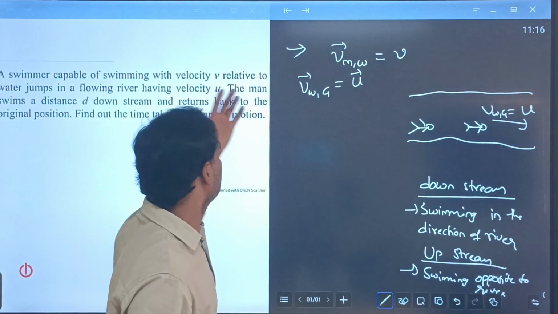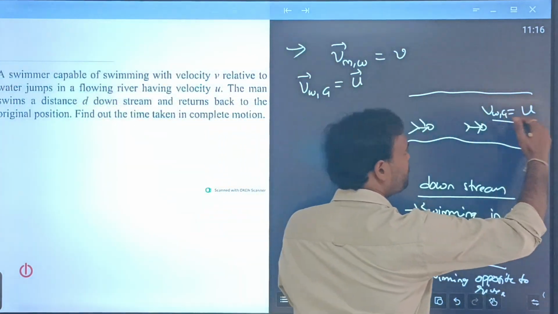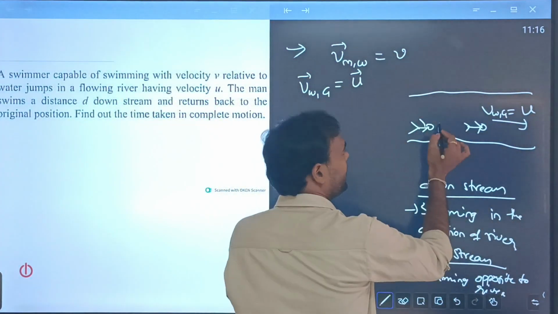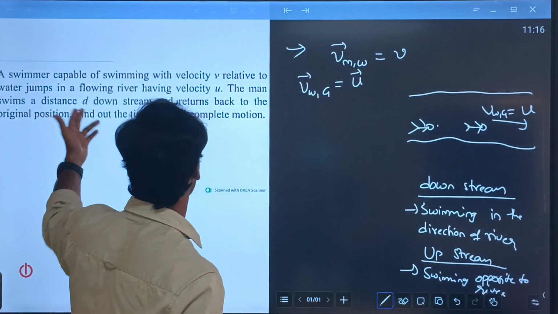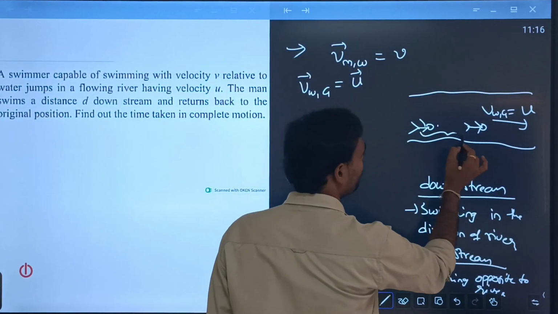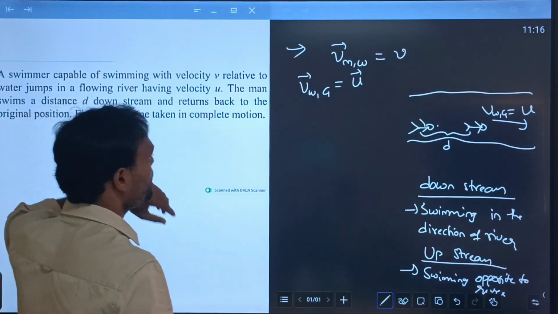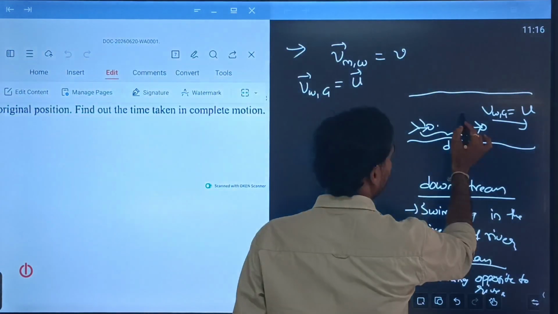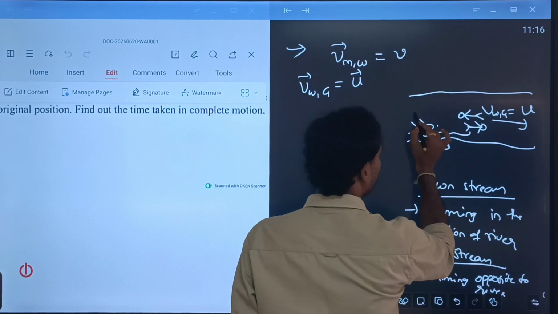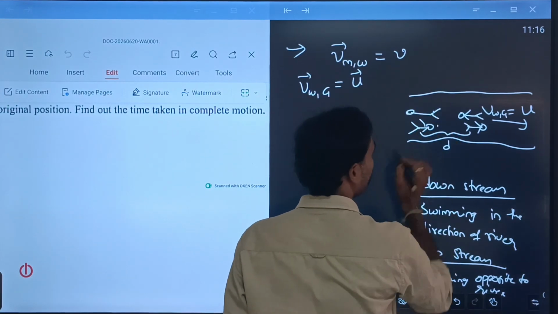Right? Here downstream, he is moving with the velocity of the river, and he moved a distance d in downstream and returns back to the original position. Again, he starts his journey from here and again comes to his original location.